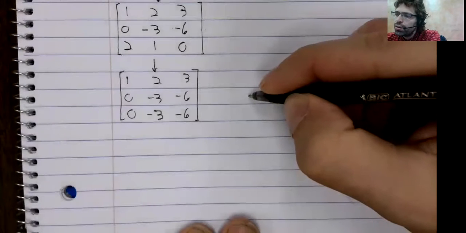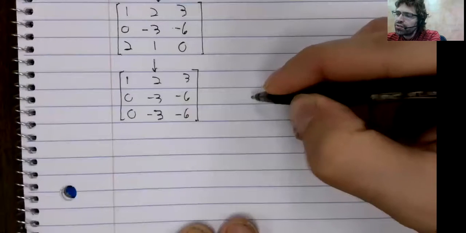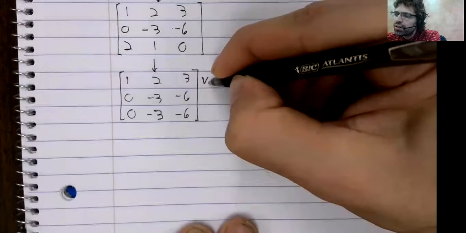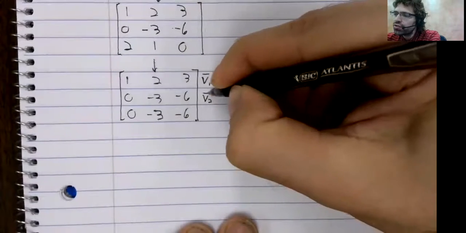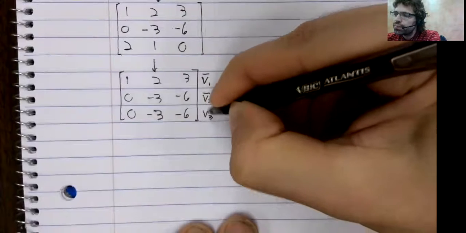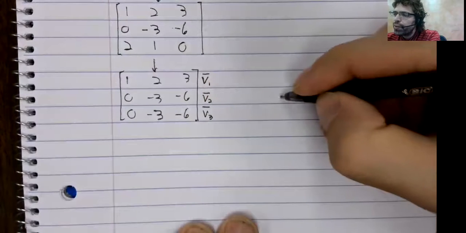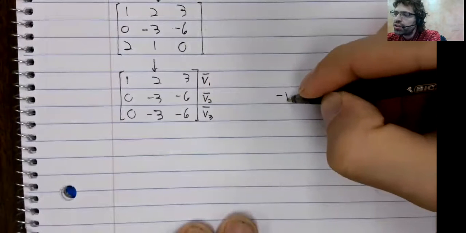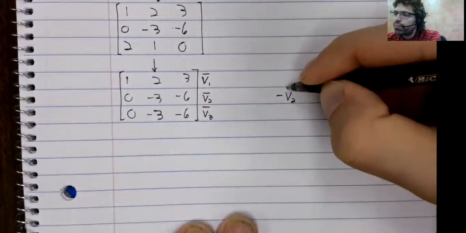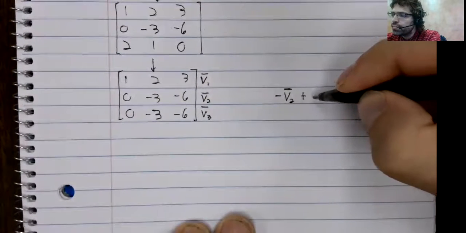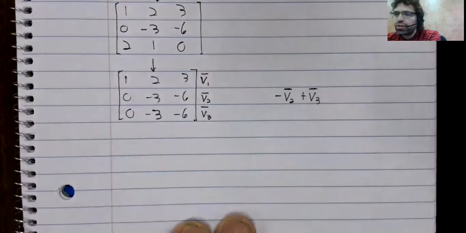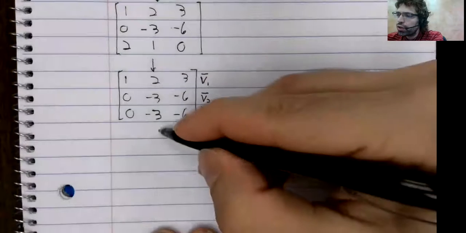Now, let's name these rows. We'll multiply the second row by -1, and we'll add it to the third row.